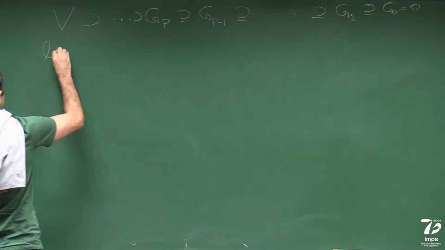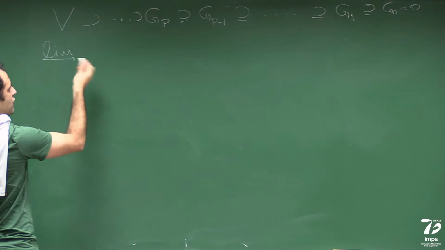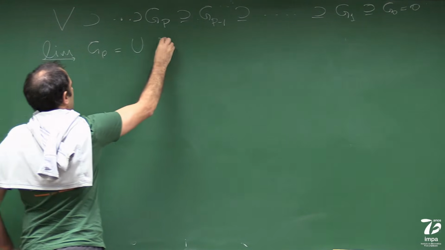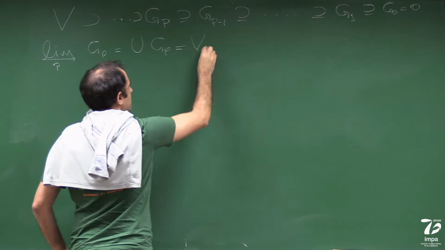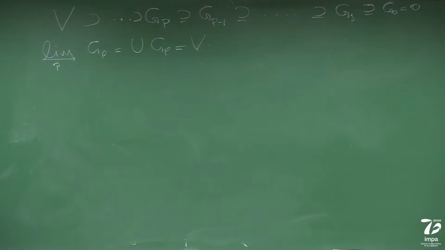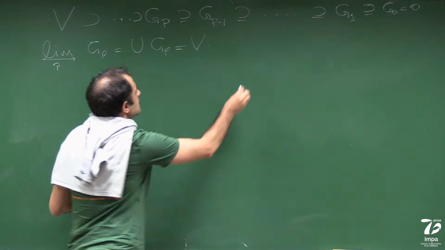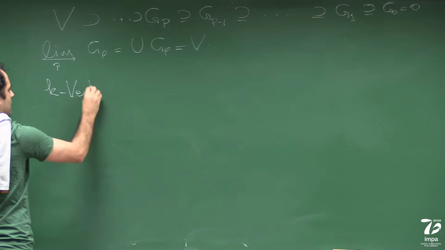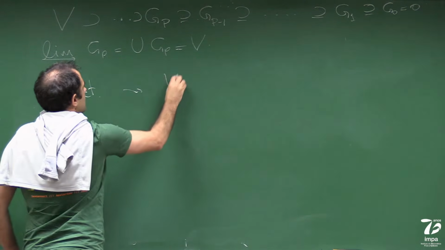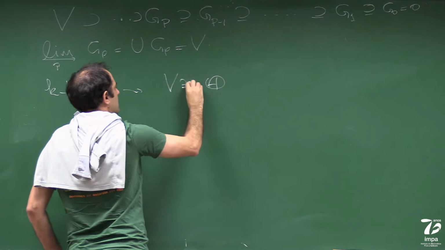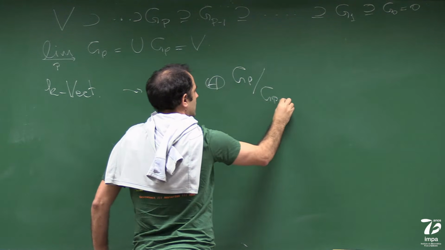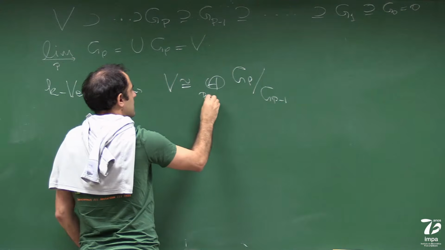And I'll say that it's separated if the limit, or the union, of all the G_p is all of V. Now, these are vector spaces. If these objects are vector spaces, then V is a direct sum of G_p divided by G_{p-1} for p bigger or equal than 1.